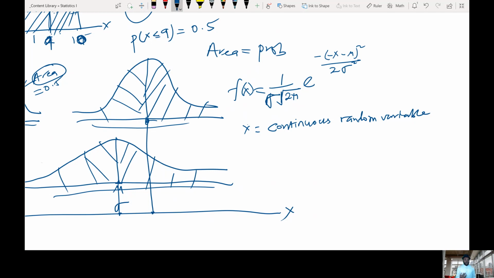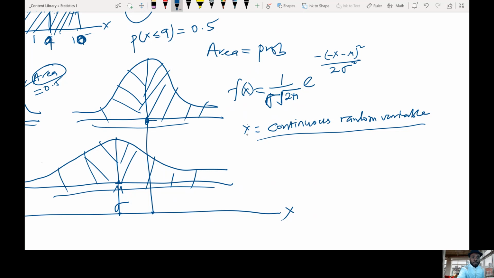There we were looking at discrete random variables, but here we're looking at a continuous random variable. Examples of continuous random variables are your height and your weight. Even temperature is a continuous random variable, because between 60 Fahrenheit and 61 Fahrenheit there's a continuous spectrum of values: 60.1, 60.2, 60.001, and so on and so forth. So that's a continuous random variable. It's not discrete.